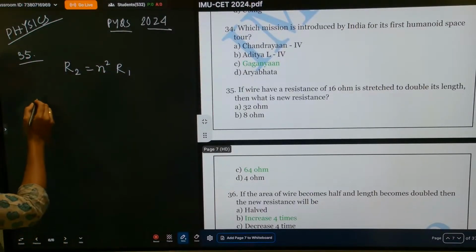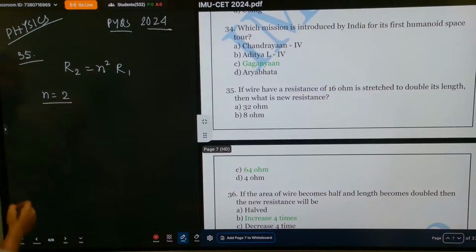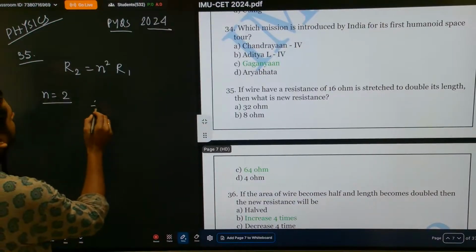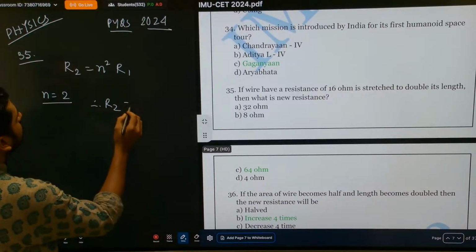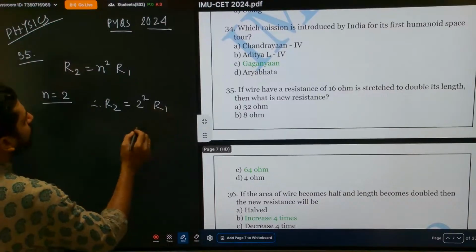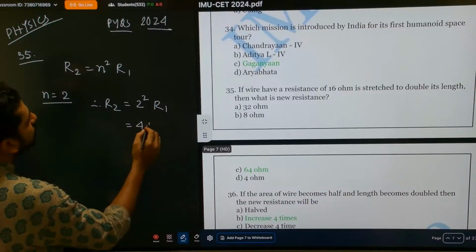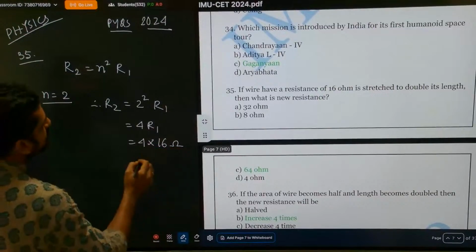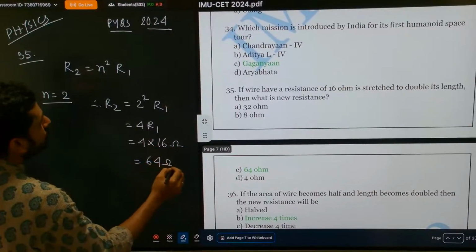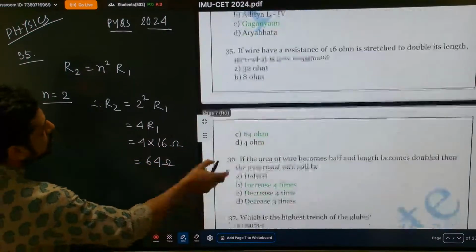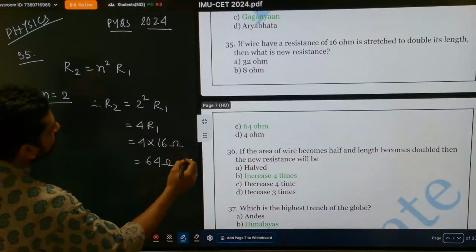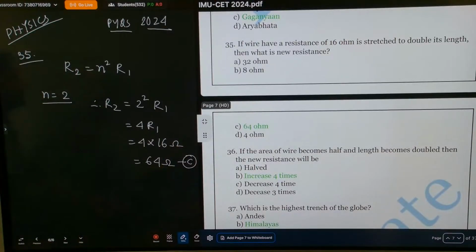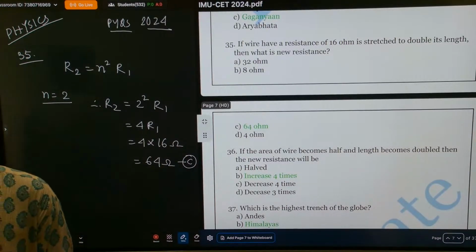It is made double, it means the value of N is 2. So R2 would be 2 square R1, which is 4 times R1. 16, no? Yes. 64 ohm. Option C. Oh, they have highlighted the answer for the benefit of the teacher.